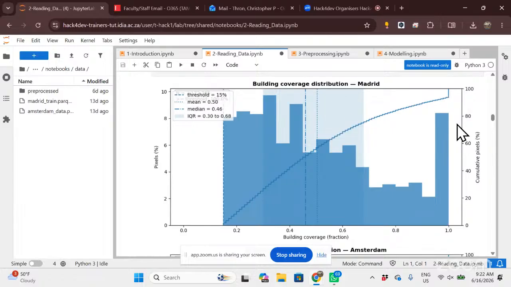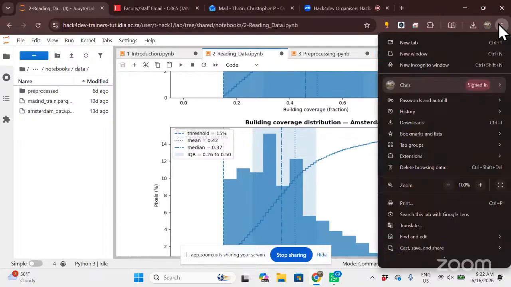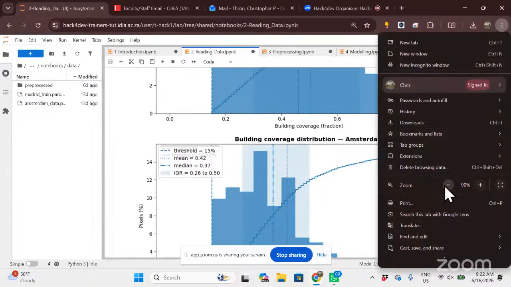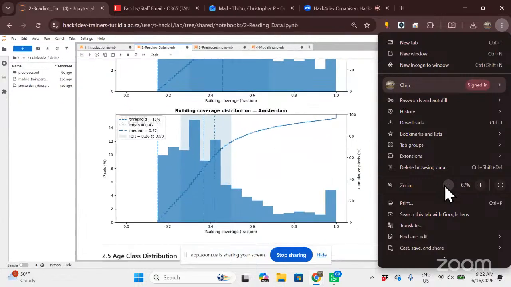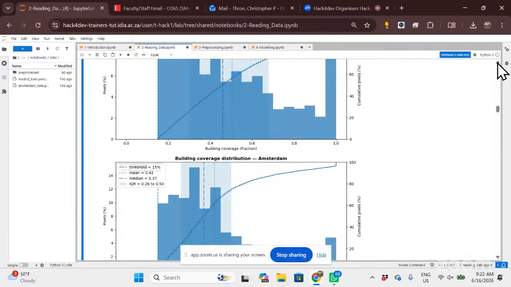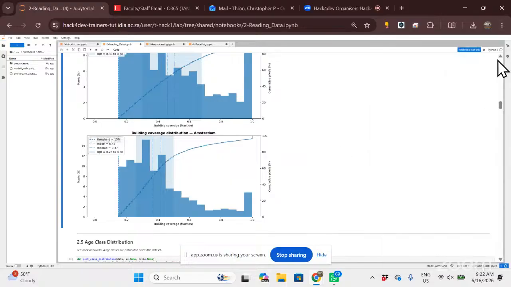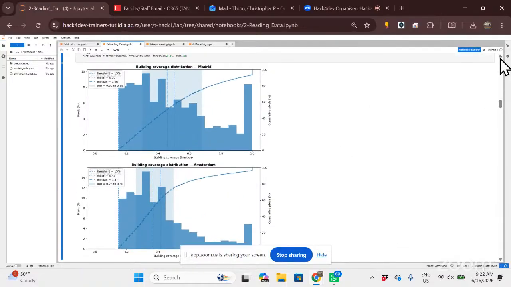All right, so if we compare Madrid and Amsterdam, so this is Amsterdam. I don't know if I can put them both on the same page here, maybe. So let me ask you, which city is more densely covered with buildings?